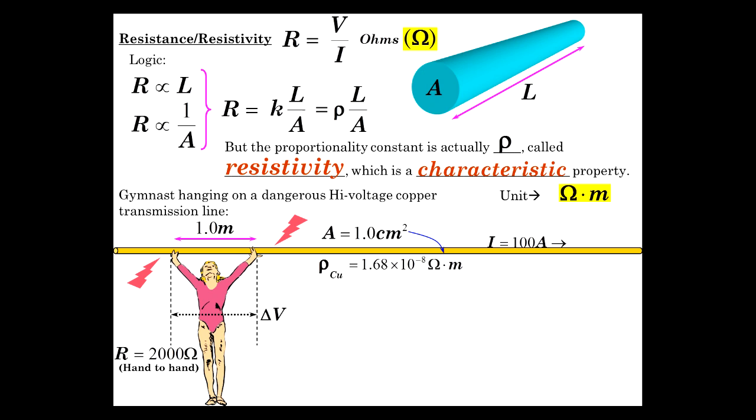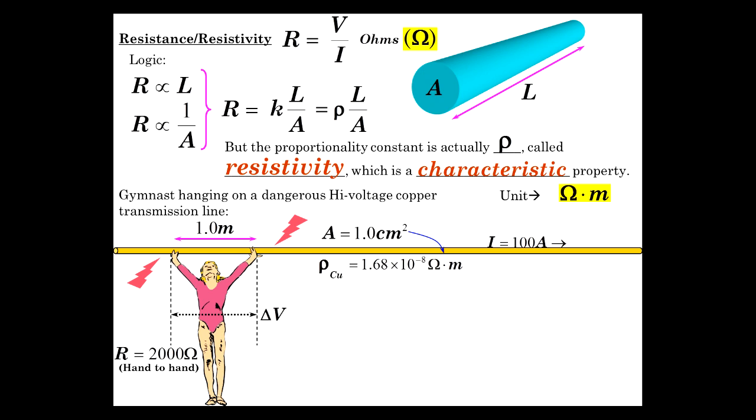Now, the cross-sectional area of the wire, this high voltage transmission line, is, and by the way, that high voltage can be upwards of 1,000,000 volts, so it can be crazy high. So 1 square centimeter is the cross-sectional area, and the resistivity, we'll assume this is a copper wire, even though it probably isn't because it's too expensive, but that's that value. A very small, look at that, -8, amount of resistivity because it's a very good conductor.